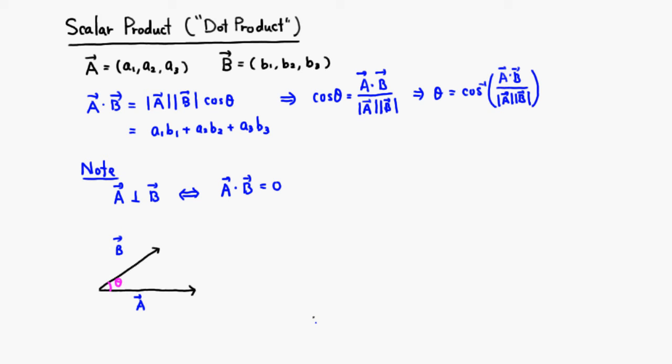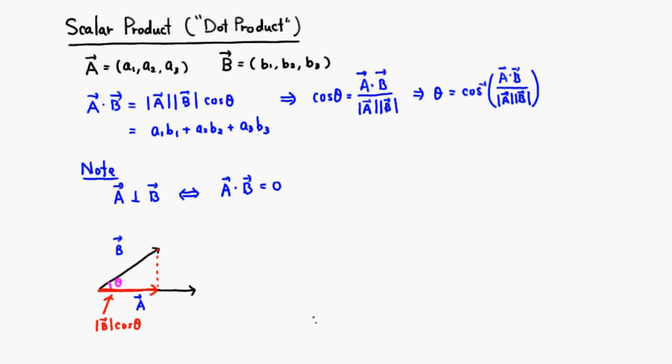So you can see that here, if you look at the projection of vector B onto vector A, this guy right here is going to have a magnitude of the magnitude of B times cosine of theta.